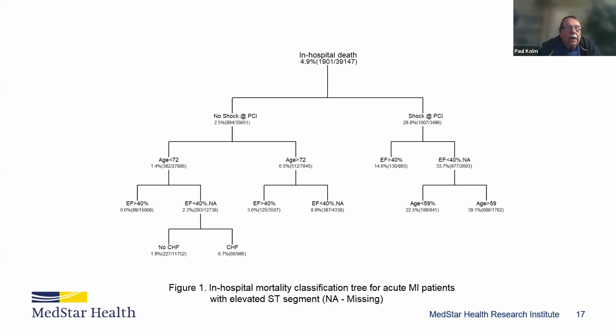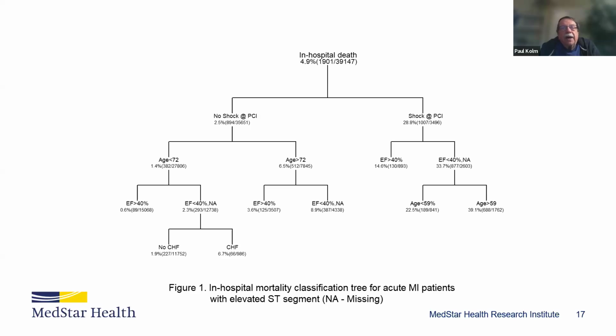For those less than 72, the death rate is 2.3%. And then our final split is at congestive heart failure, where if they have ejection fraction less than 40 or missing, and they have congestive heart failure, then the death rate goes up to 6.7%.